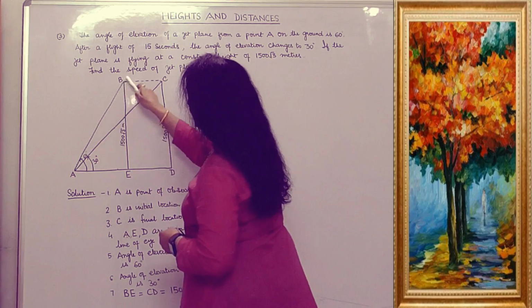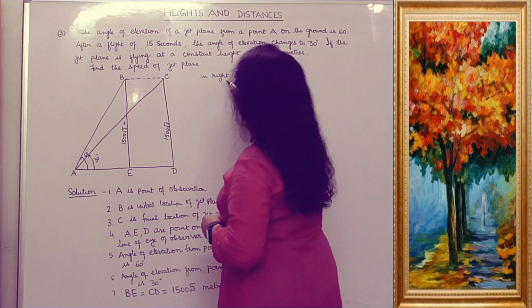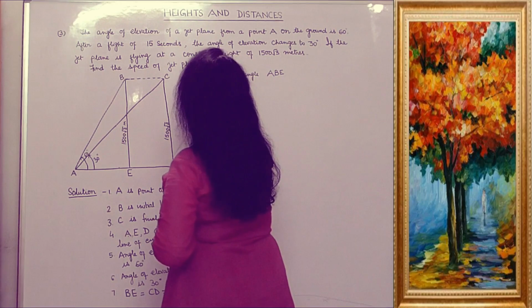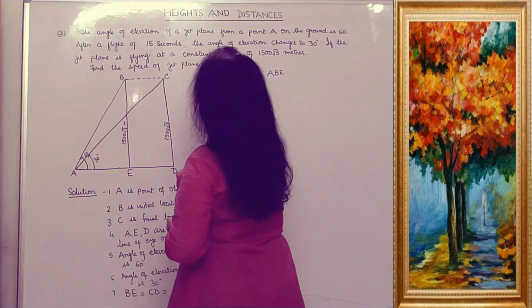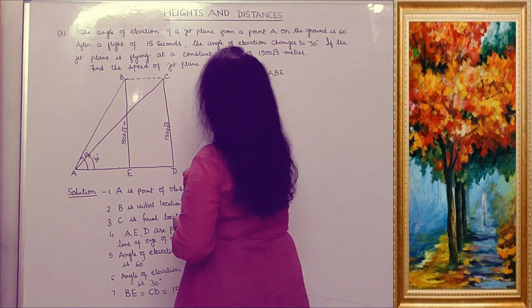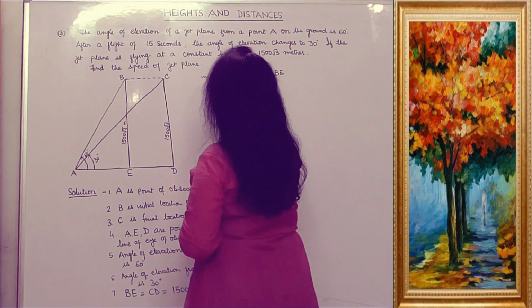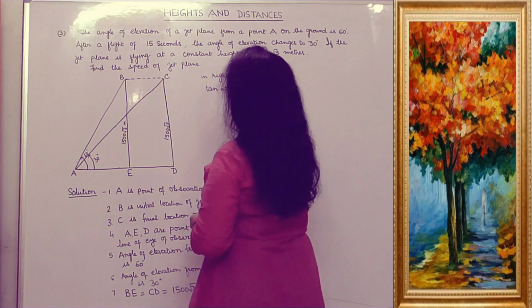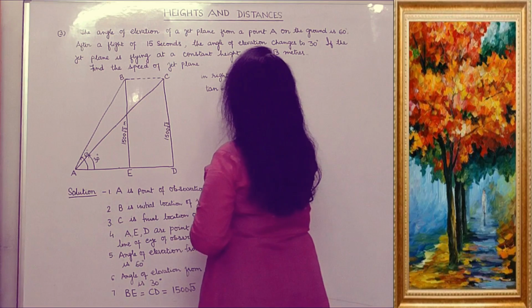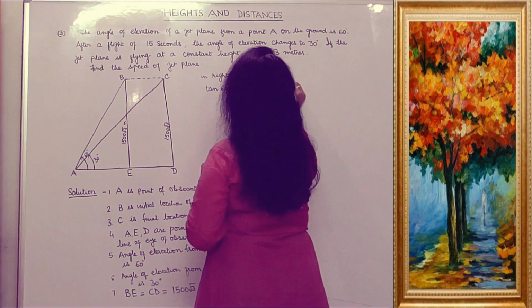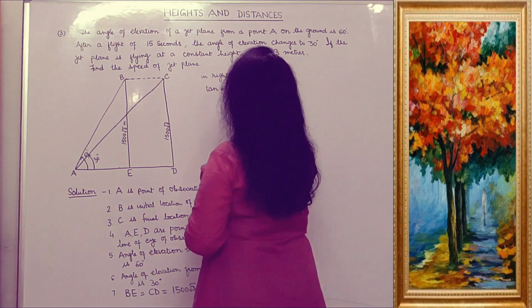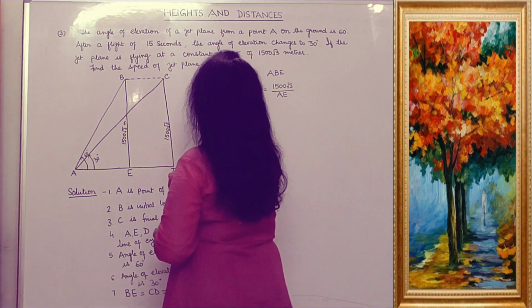Consider triangle ABE. In right triangle ABE, tan 60 degrees is equal to BE upon AE. Value of BE is 1500 root 3. AE is not known. Tan 60 degrees is root 3.